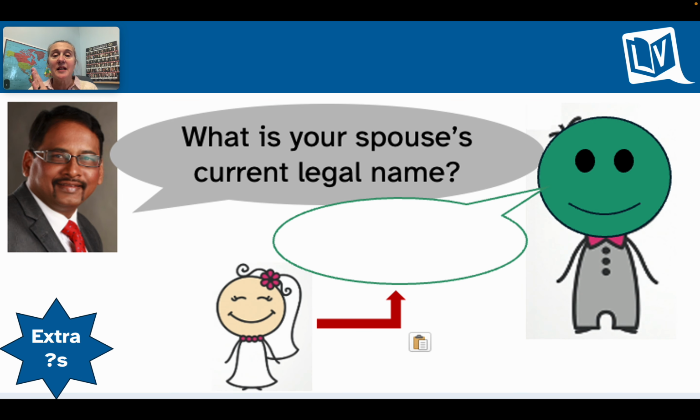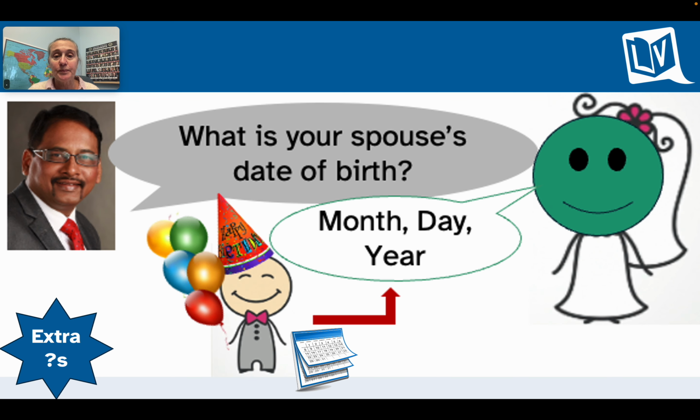Or if they ask Adil, he would say Nadia and then whatever her full legal name is. What is your spouse's current legal name? Your husband's name or your wife's name?